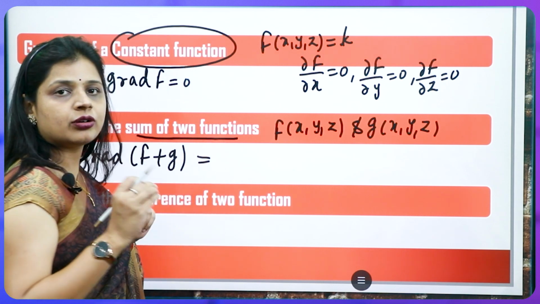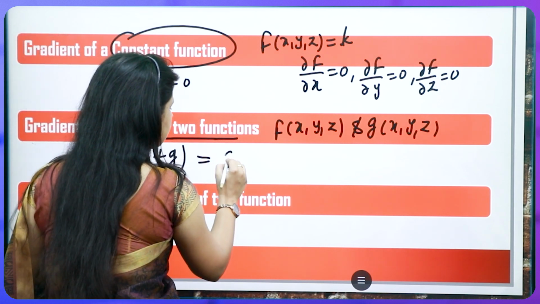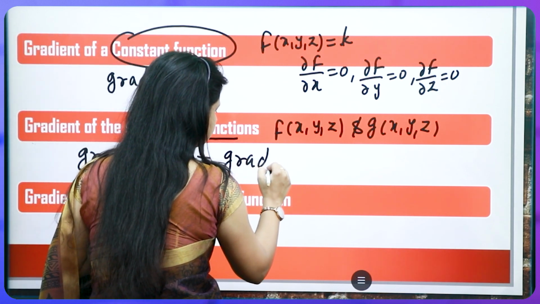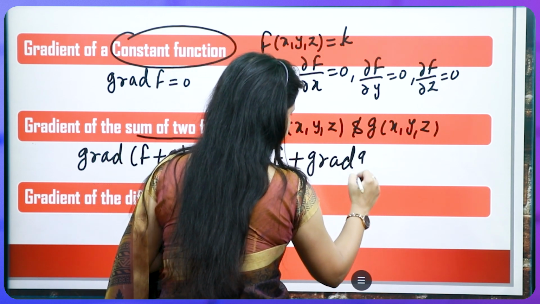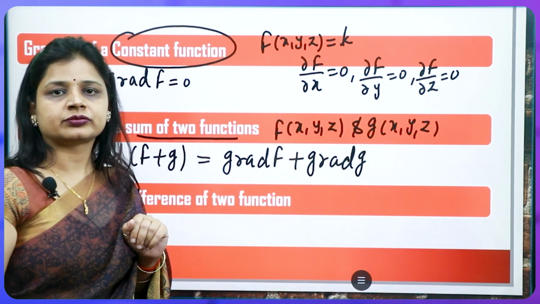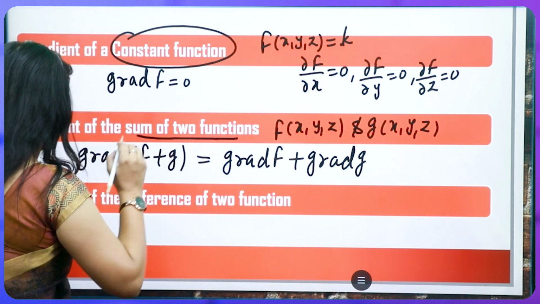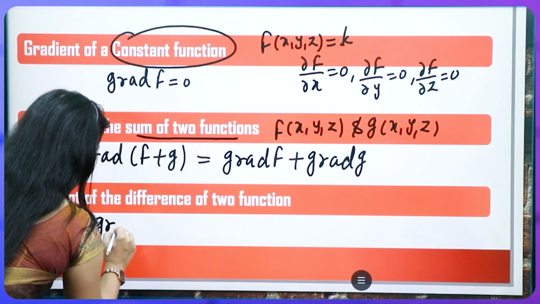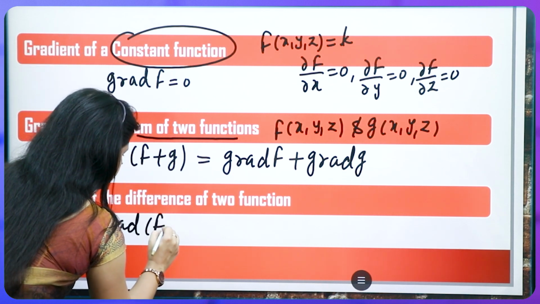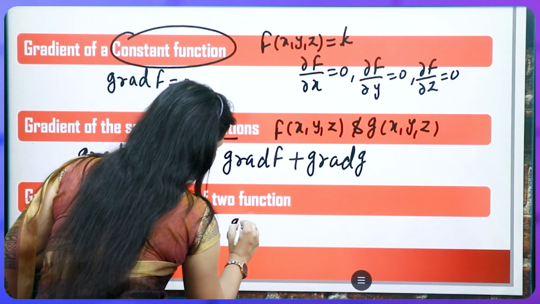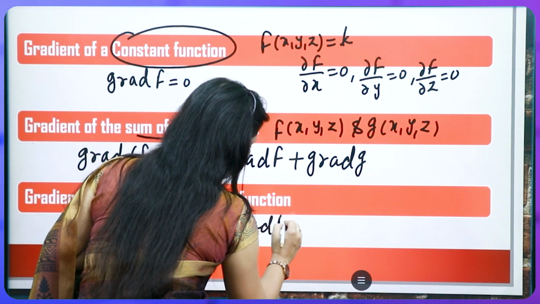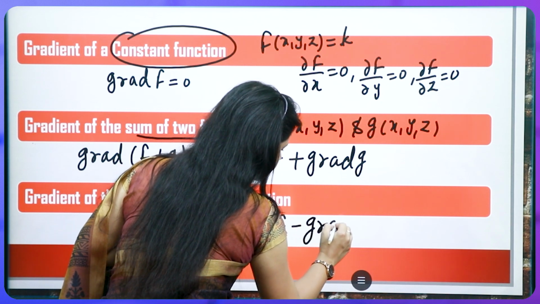And the value of grad of f plus g is grad f plus grad g. Likewise, we can find gradient of f minus g, that is grad f minus g, and this value is grad f minus grad g.